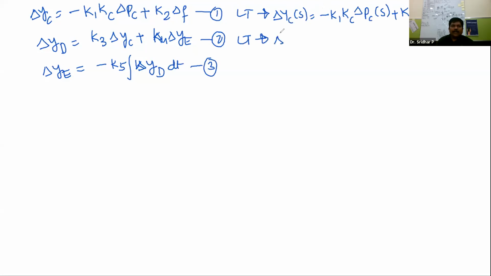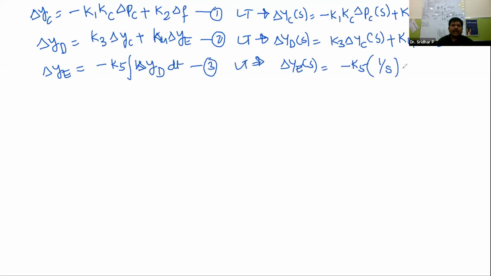So delta yd of s equals k3 delta yc of s plus k4 into delta ye of s. And for the last expression also you apply the Laplace transform: delta ye of s equals minus k5 into 1 by s into delta yd of s. So these are the Laplace transform equations.